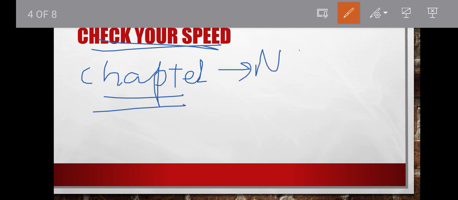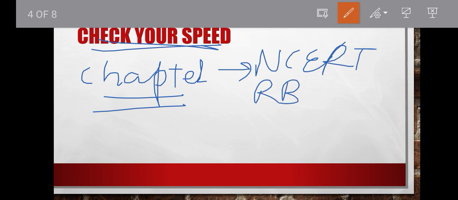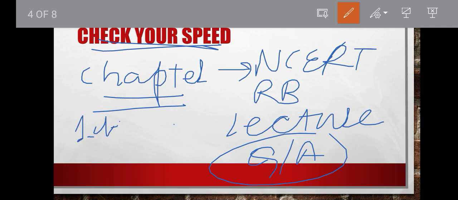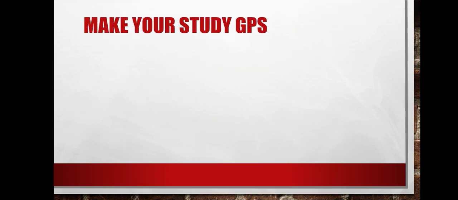It includes NCERT, reference book, any lecture if you have not understood it from these books, and question practice. How many days? Many students would do it in 1 day, and some may take 3 days to do this. So you need to check your speed accordingly.